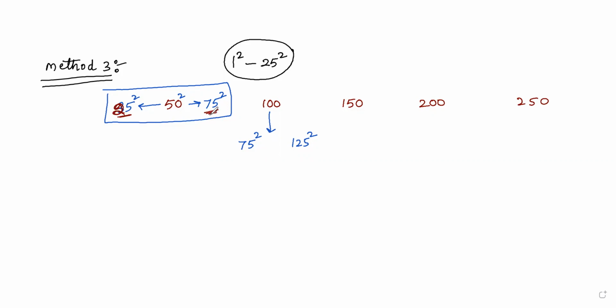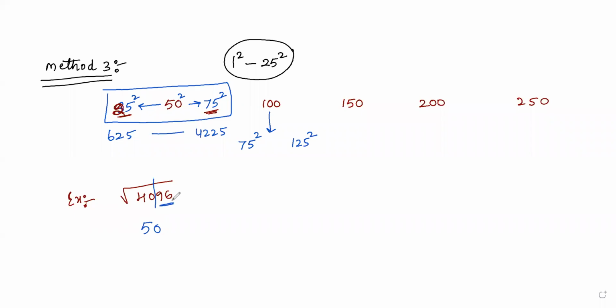then whatever x value comes out, we add that x value to 50, or else subtract it from 50. For example, square root of 4096. Now tell me, does this number lie between 625 and 5625 or not? Yes, it lies between them. So immediately we have to take 50.